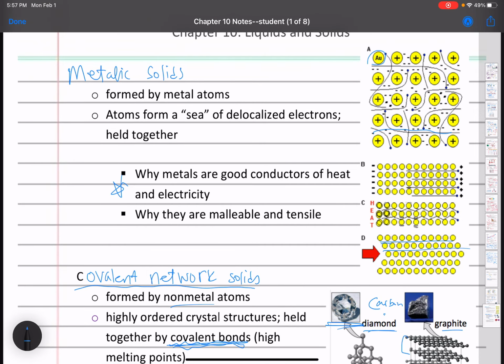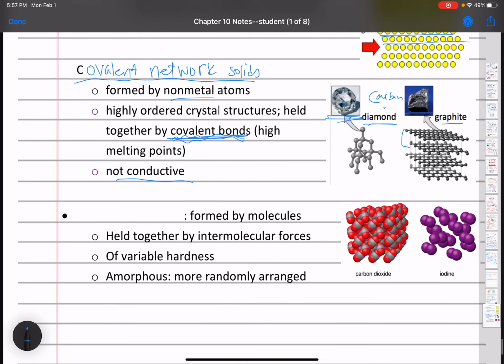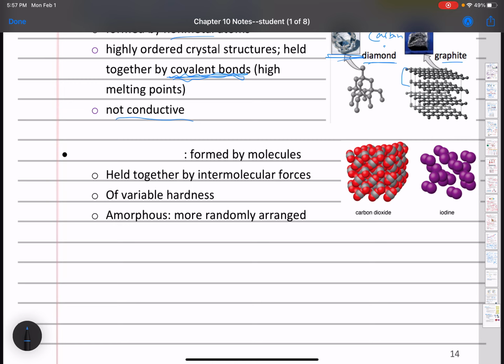A lot of metals form metallic solids, but a lot of the substances that are important in life, like water and carbon dioxide and iodine and sugar, a lot of organic substances, and a lot of materials on planet Earth, are actually molecules that are held together by intermolecular forces, London forces, or hydrogen bonding.